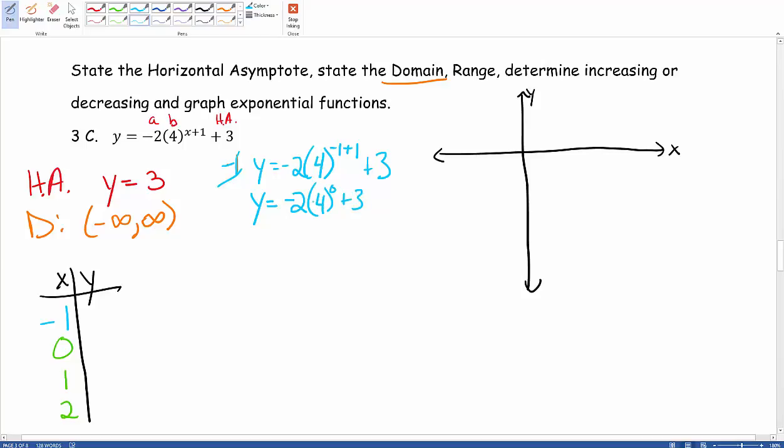But anything raised to the 0 power, as we've said, is just 1. So we end up with -2 times 1 plus 3. So -2 times 1 comes out to be -2 plus 3. So then y is equal to just 1. So at -1, we ended up with the y value of 1.